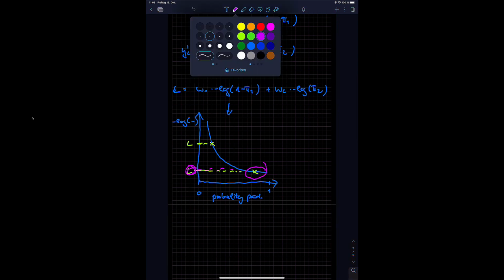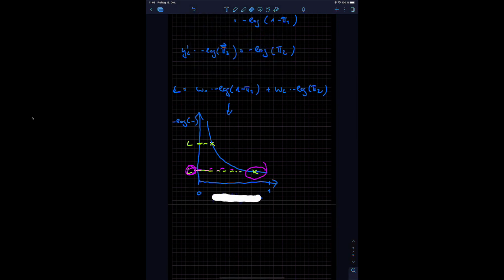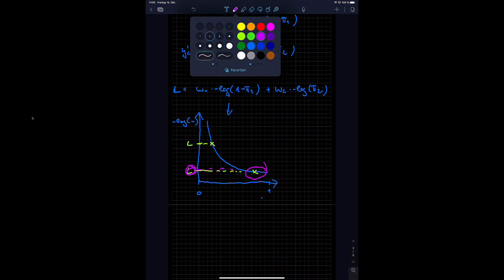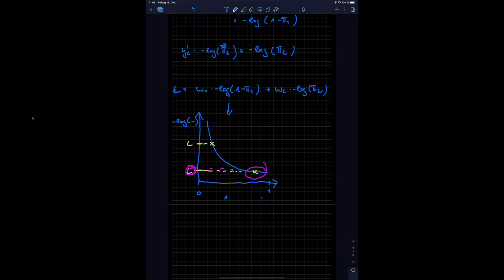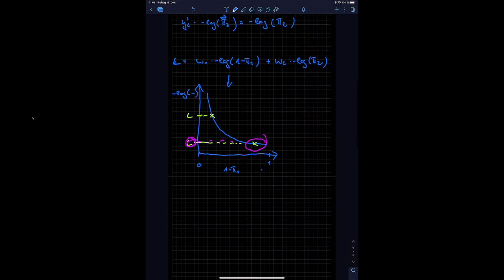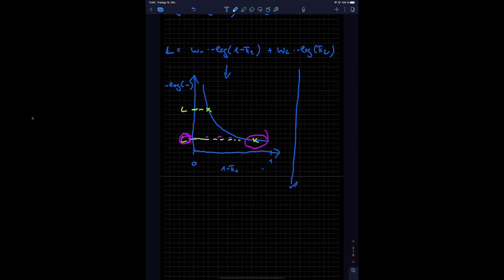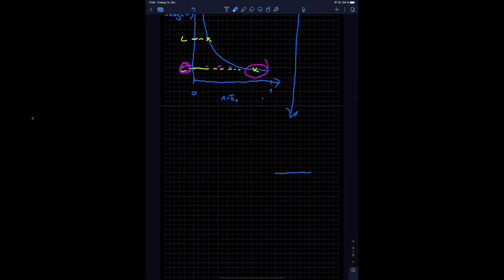So here, maybe to make this more clear, let's not write probability prediction. Let us write this is for the first observation. So this is 1 minus p, and then a 1 in the subindex because it's the first observation. And then for the second one, it looks exactly the same, but here we have the probability estimate for a female person, and again we simply have minus log of this probability estimate, and again it looks like this.